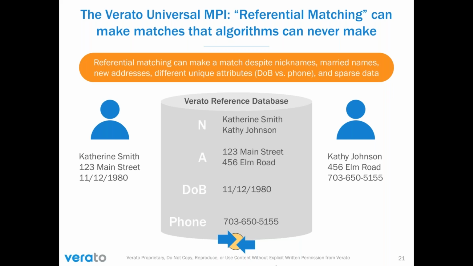She provides her name, Kathy Johnson, her current address of Elm Road, and phone number. If you were to look at those two records using a traditional MPI approach, which is just comparing those directly, they really look nothing like each other. There's nothing that would lead you to believe that the Catherine Smith on the left is the Kathy Johnson on the right.